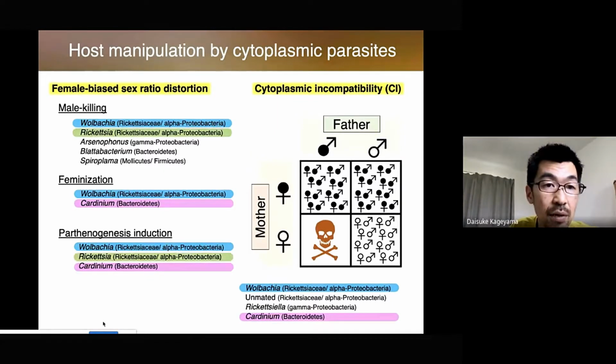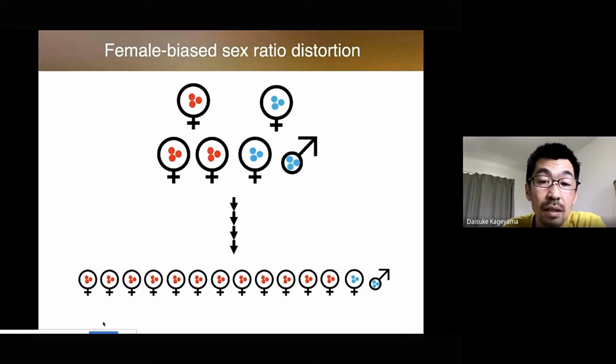And you can also see Rickettsia. So the bacteria are quite different, but they cause similar phenotypes.